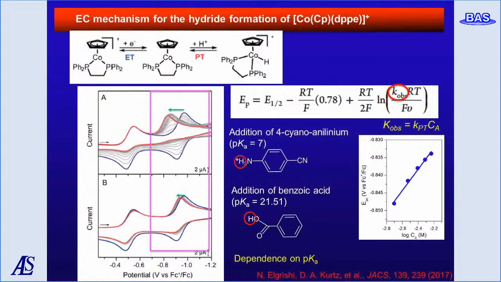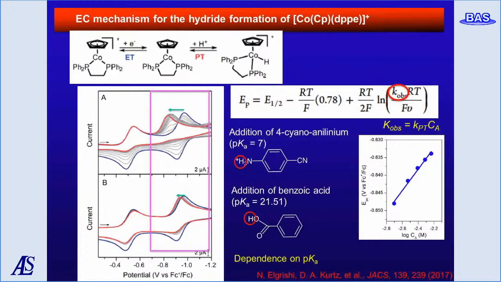To prove the hydride formation, the CV change was monitored by changing the acidity of the organic acid. Two examples with different acids, cyanoacetic acid and benzoic acid, are shown in this CV change.